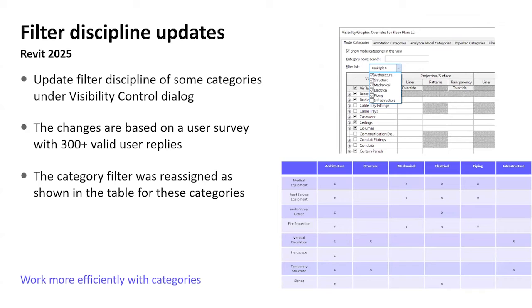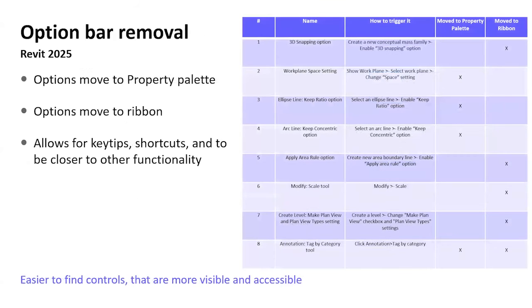When you're dealing with your view templates, Revit has given us the ability to use the filter discipline better. So you'll see some improvements on categories when filtering by these disciplines. But here's a new feature that is going to take a little to get used to.